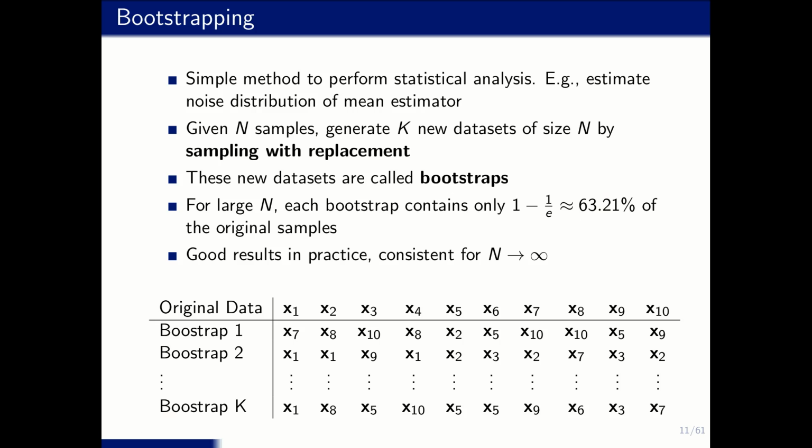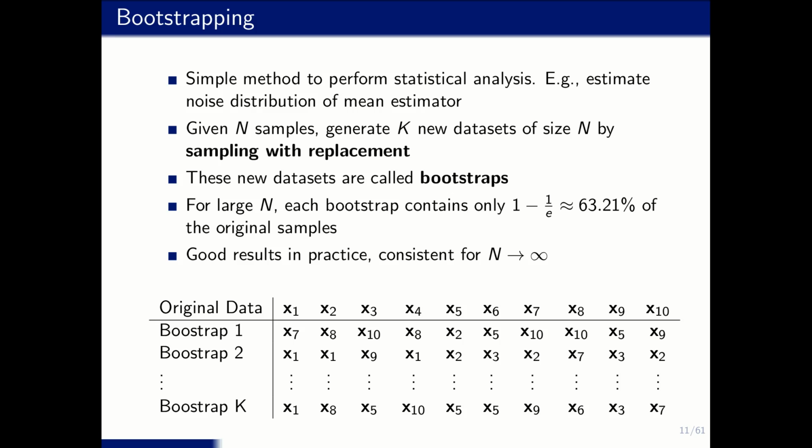Now, going back to this example where we want to compute the noise distribution of the mean estimator, we would simply compute the mean of each of these, and then we would get an empirical distribution of the means. This is often used to say this is probably somehow related to the actual distribution of the mean estimator.